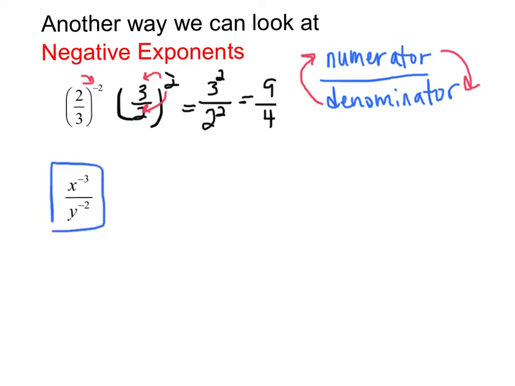So if we use this little rule, that we send it to the numerator or we send it to the denominator, in this first case we have x to the power of negative 3. Now the rule is if it's in the numerator, then we send it to the denominator.